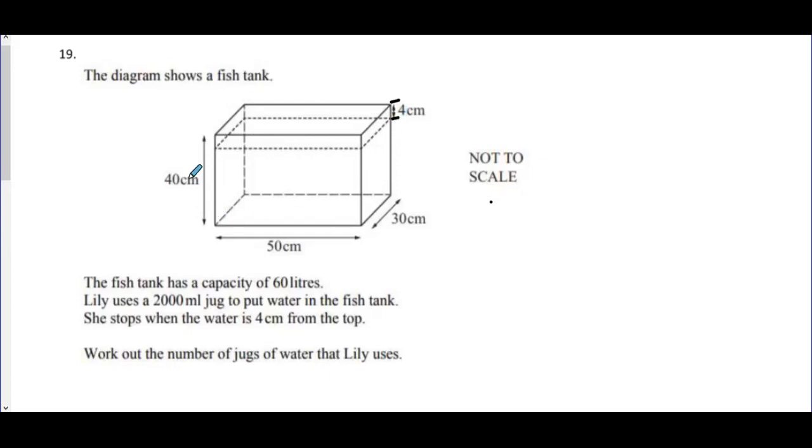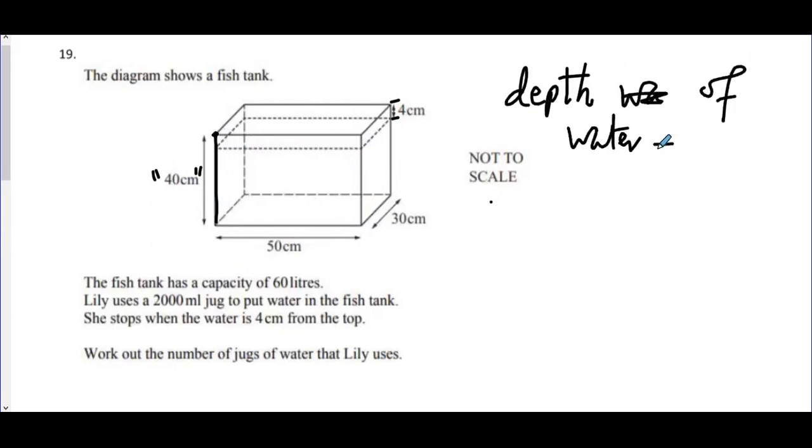This 40 centimeters you can see here is the whole fish tank. Now we need to calculate how deep the water is that Lily is pouring into this fish tank. It's not 40 centimeters. The depth of water that Lily puts into this tank will be equal to 40 centimeters minus 4 centimeters.